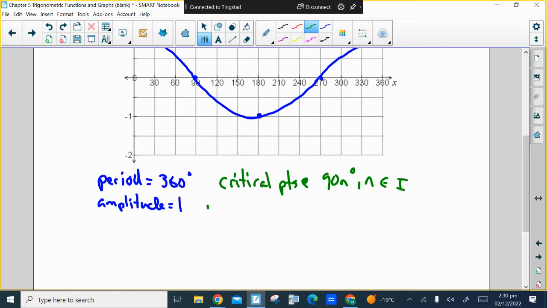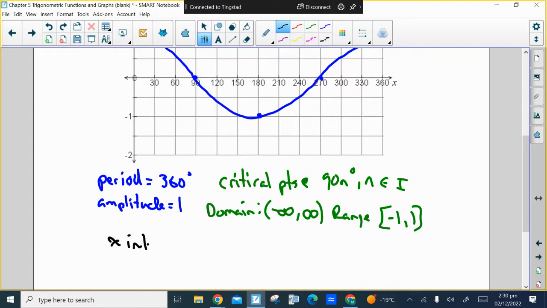Our domain and range haven't changed. Our domain goes from negative infinity to positive infinity. Our range is between -1 and +1. And our x-intercepts are a little bit different.